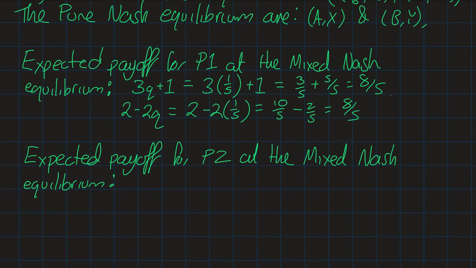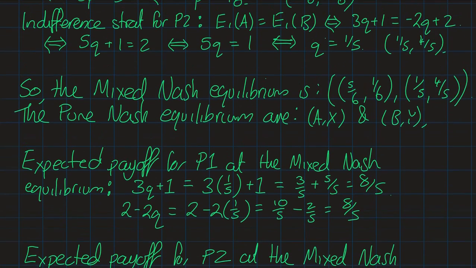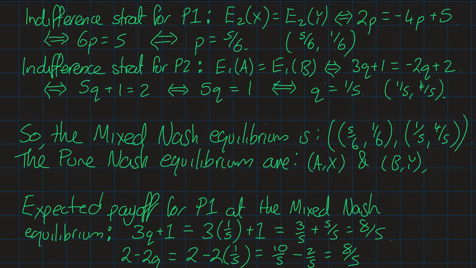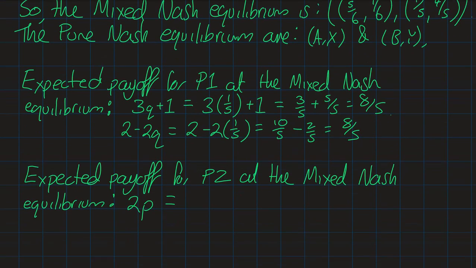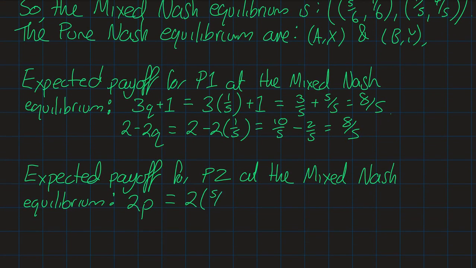So the expected payoff for player 2 is 2p. And we calculated that p is equal to 5/6. So it's 2 times 5/6, which is 10/6. Okay? And that's the expected payoff for player 2.